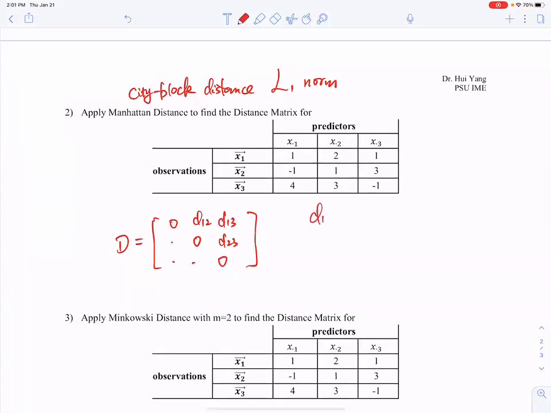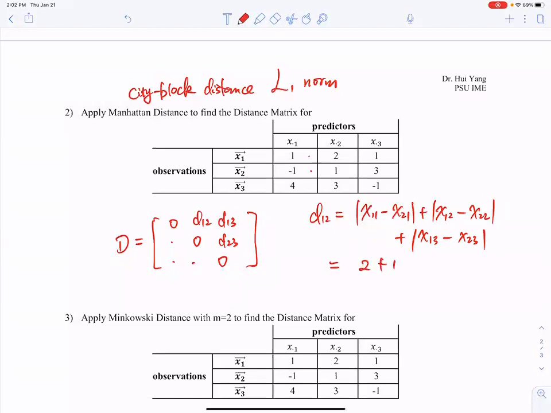So D12 will equal the absolute value of x11 minus x21, plus the absolute value of x12 minus x22, plus the absolute value of x13 minus x23. So this equals 1 minus 1 is 0, plus 1, then plus 2, this is minus 2, absolute value is 2.